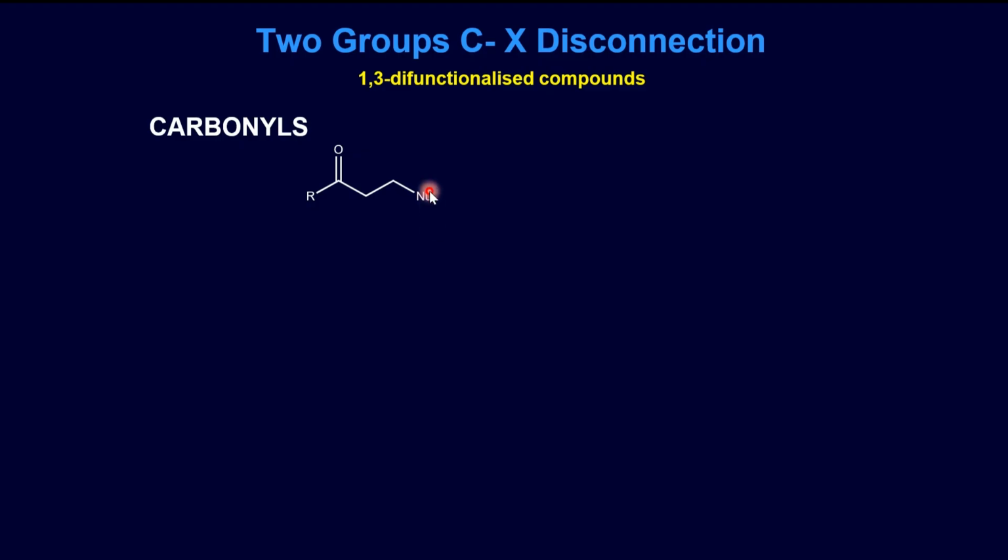Here also we follow the same strategy of disconnecting the molecule adjacent to the heteroatom. I break up over here. 1,3 disconnection occurs. I'll get an acceptor synthon and a donor synthon. This acceptor synthon has a positive center at the third position, 1, 2, 3.